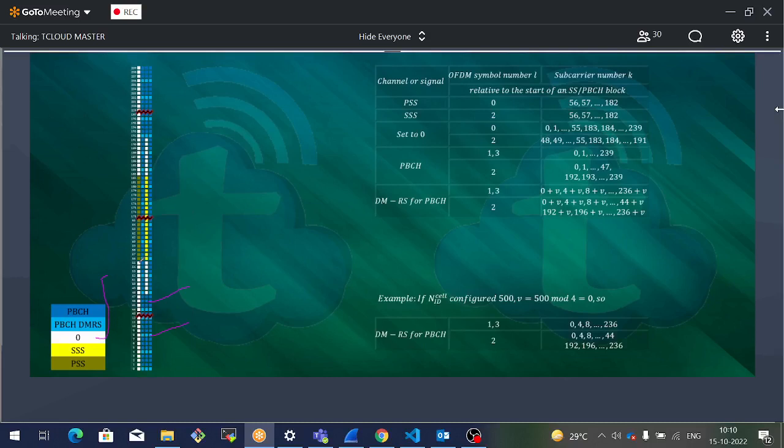So these are special modulation symbols, 0 plus 0j. SSS is in this yellow color and PSS is in this dark brown. I did not put all the things because I cannot place 240 symbols in the slide. So some things are not shown in the middle, as you can observe with the number jumping.